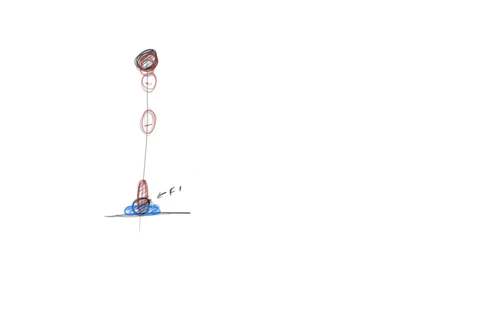Let's say we are talking about 1, 2, 3, 4, 5, 6, 7, 8 frames. If it takes 8 frames to go up, then it would be like this, right?